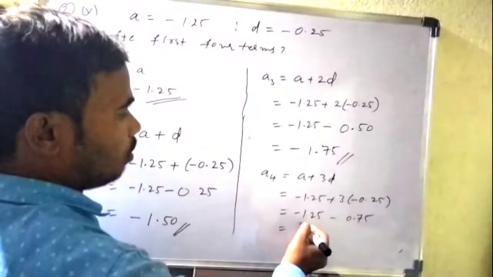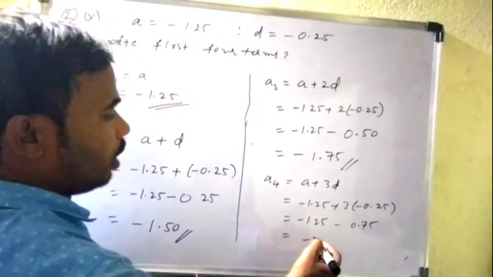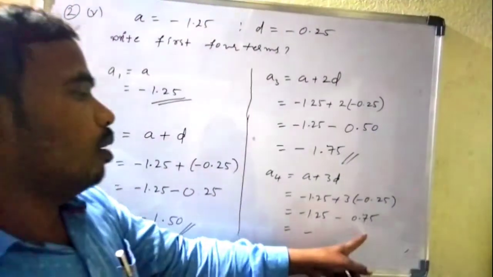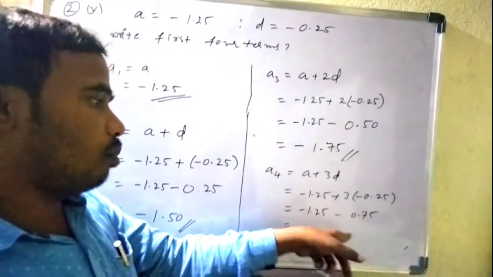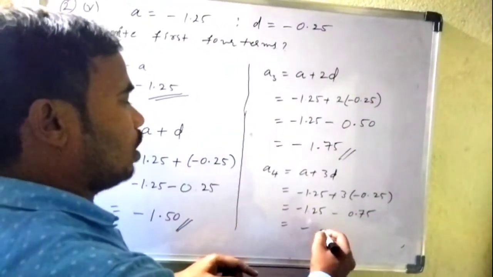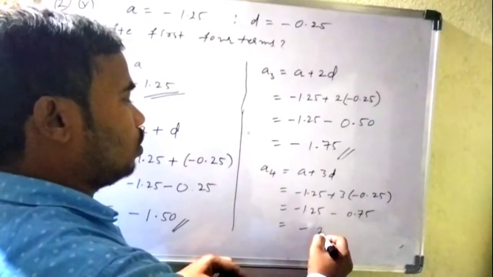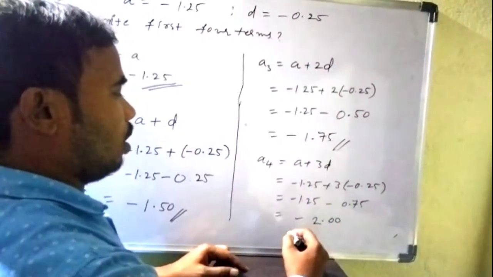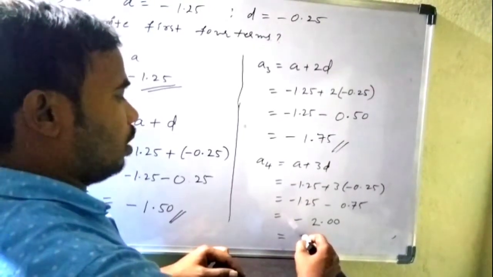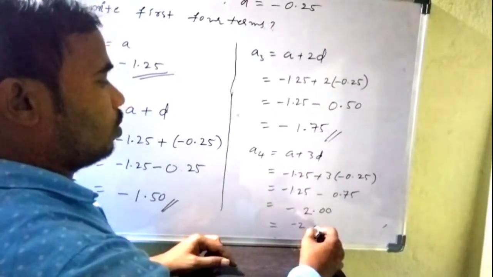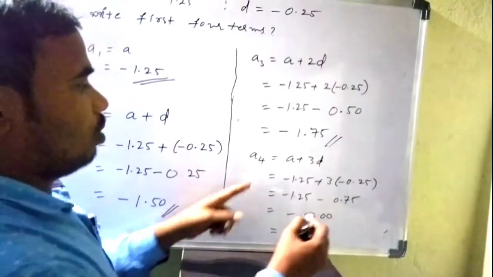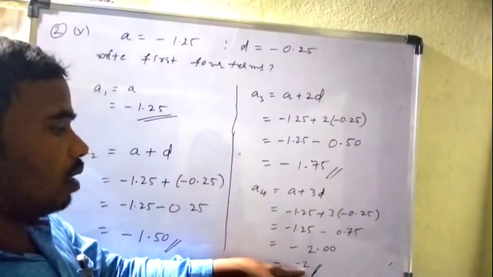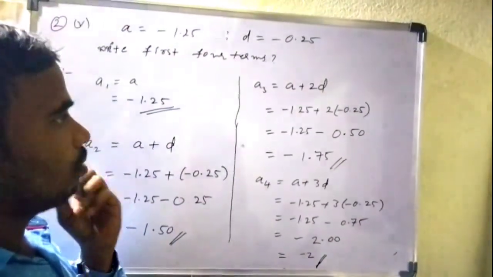Here minus and minus, both are adding: 1.25 plus 0.75 is equal to 2.00. This value is minus 2. So A4 is equal to minus 2.